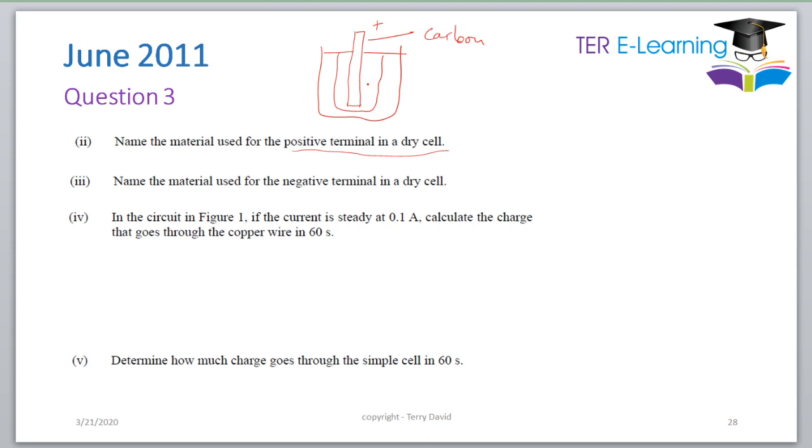Now the negative terminal, which is this piece here. So name the material used for the negative terminal of the dry cell. What's the negative terminal called? What material?